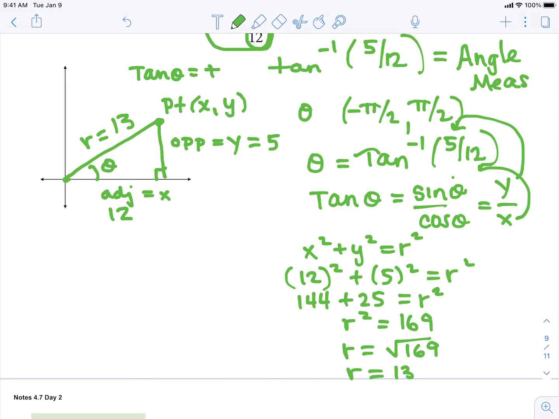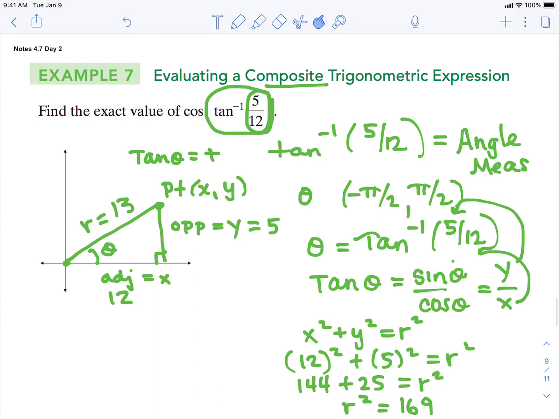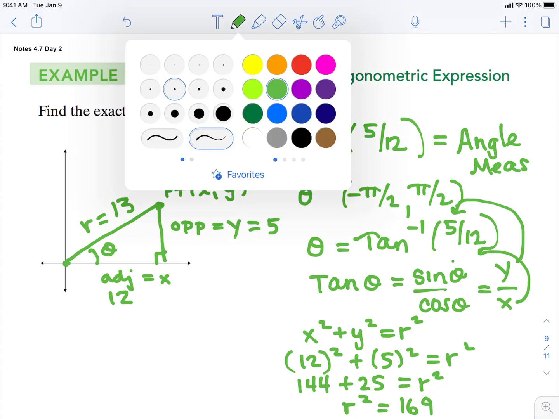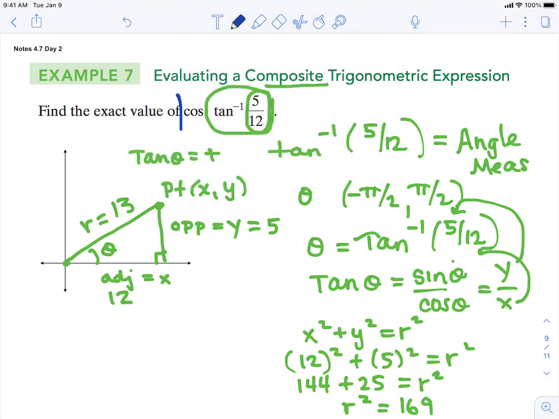So now we're going to go ahead and work out. So we've found that the angle is in quadrant 1, and now we're going to take the cosine of this right triangle. So the cosine is taking side adjacent, which is 12, over side hypotenuse, which is your radius.